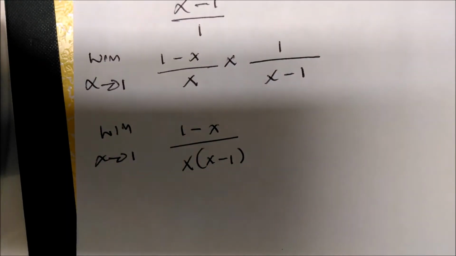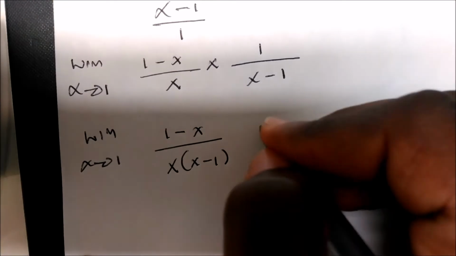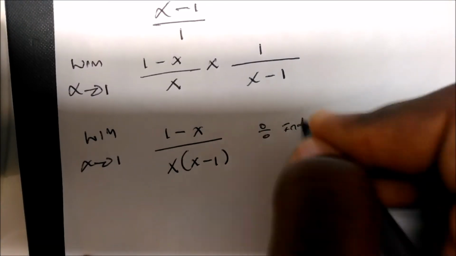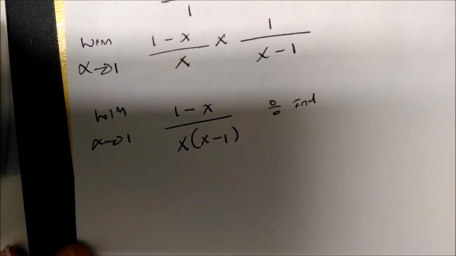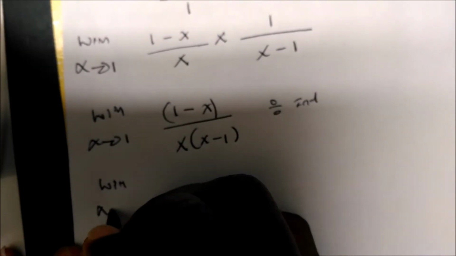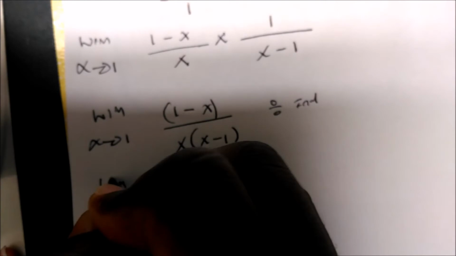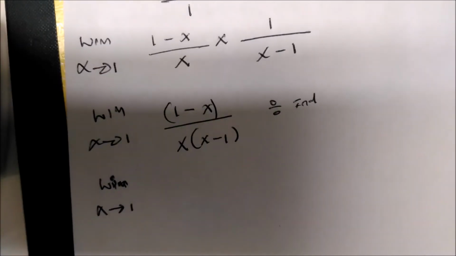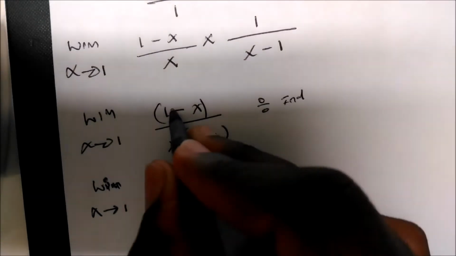If you plug in 1, we still get 0 over 0. This is still indeterminate. So this is something you just have to realize, and it's just helpful to know. There's nothing else we can do. We can't multiply by a conjugate, nothing else. But what I realized is I could factor out a negative 1 in the top.